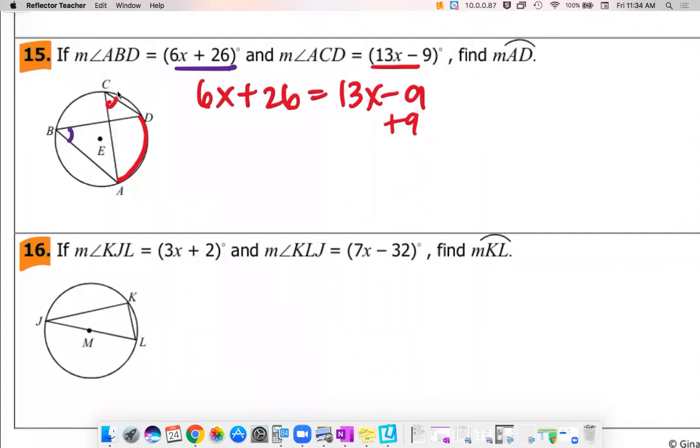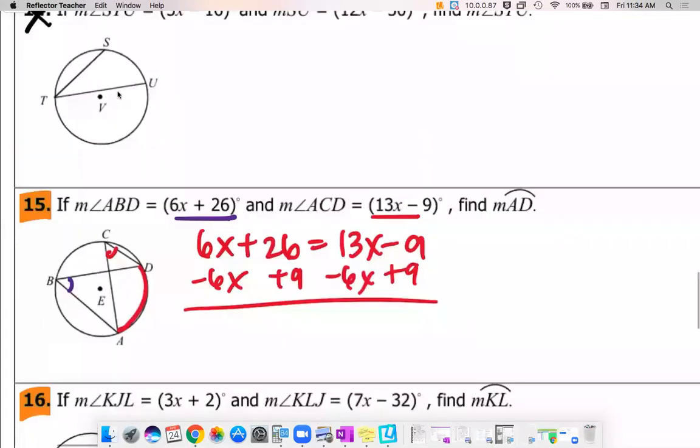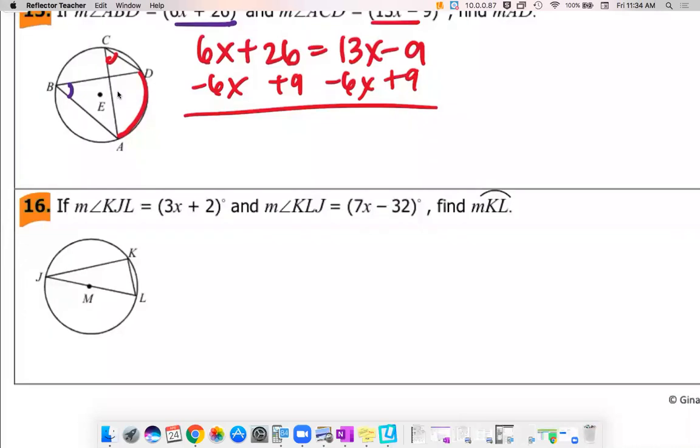So let's see, add 9, minus 6x. So x is 5, and then they want you to find the measure of arc AD.